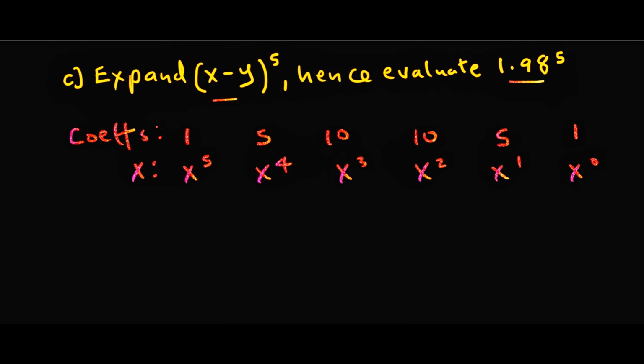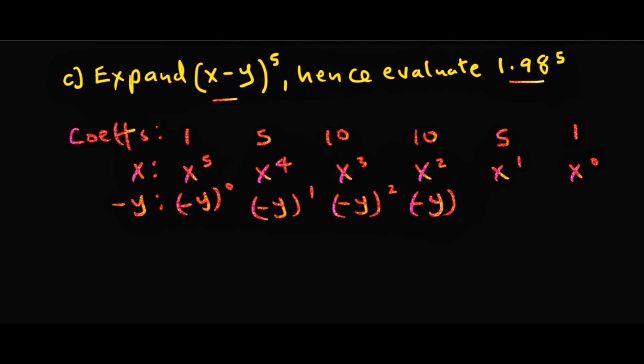Then you also look at how the powers of minus y change across the expansion. So at the beginning, it has got power 0, then power 1, then power 2, then power 3, then power 4, then power 5.